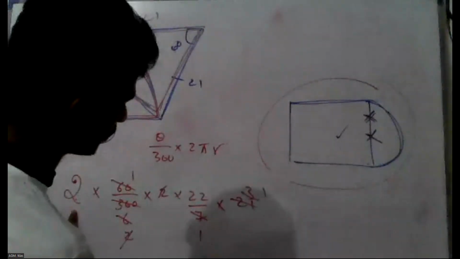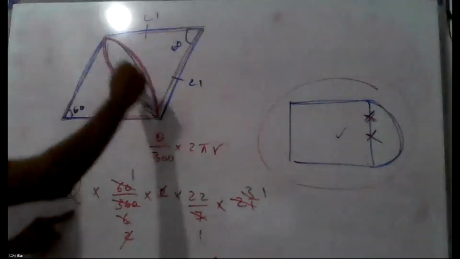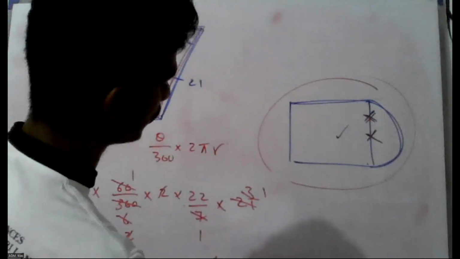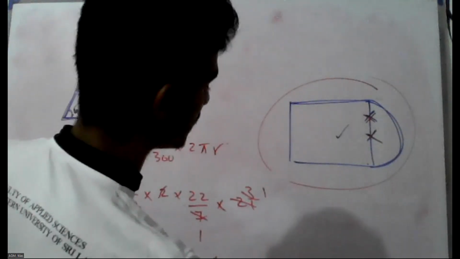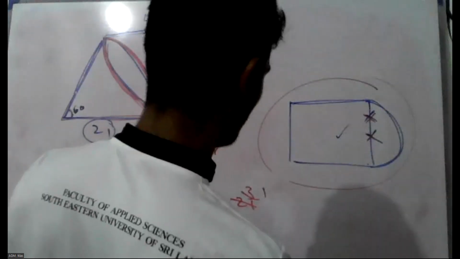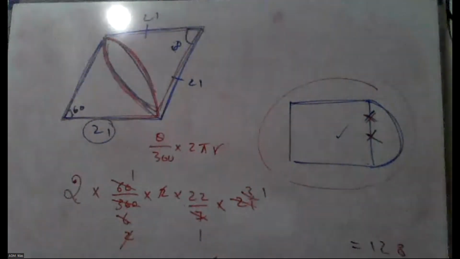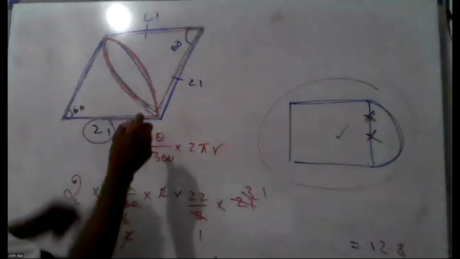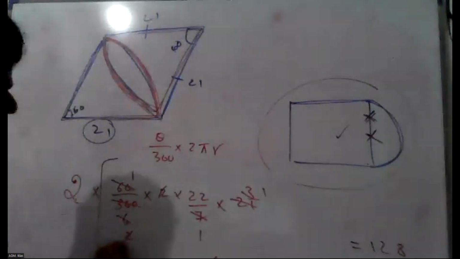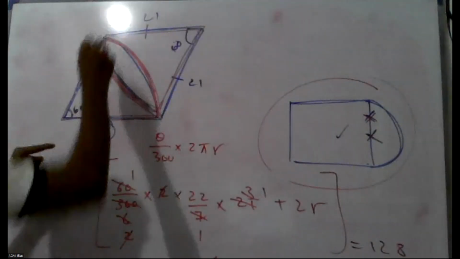So 2 into 22 is equal to 44. 44 is these two curved lengths. Okay. 44 plus 4 into 21, which is 44 plus 84, which is equal to 128. So we need 128. So I got confused. Initially I considered only the arc length. Otherwise I would have put it like this plus 2r, but sometimes it may confuse. So you better find the lengths individually.